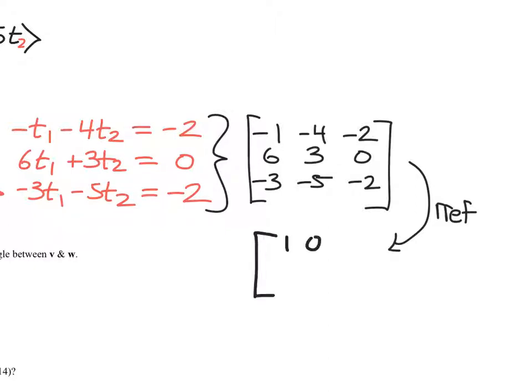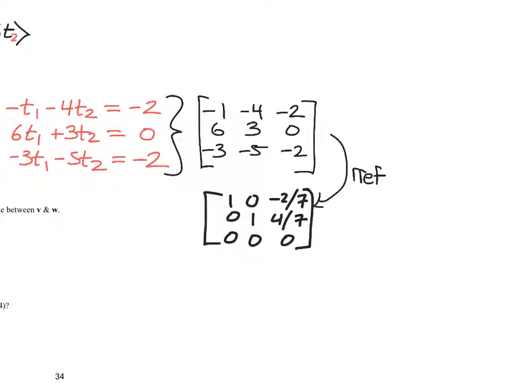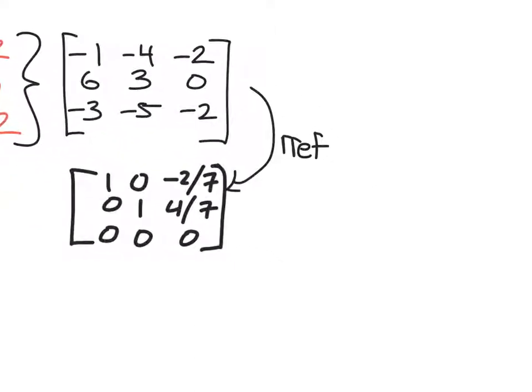So 1, 0, -2 sevenths, 0, 1, 4 sevenths, 0, 0, 0. All right. Now, each column would represent a variable. So if I read this across the top, what I'd be looking at is 1t1 plus 0t2 is equal to -2 sevenths.